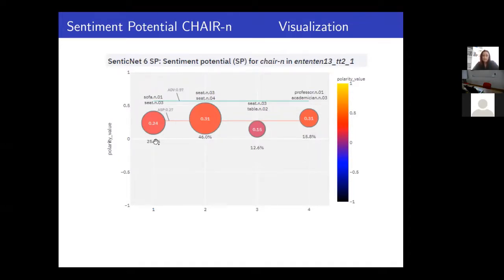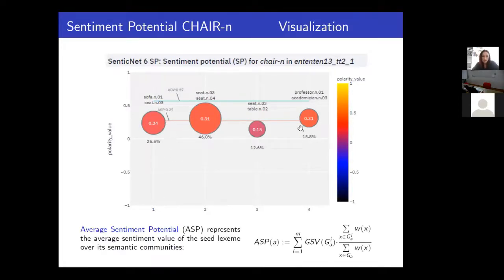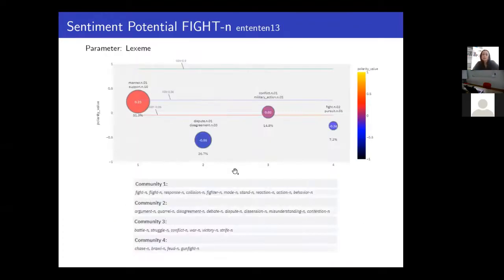And that analysis is shown here with this orange line, which is kind of a mean sentiment value of all the meanings of the word, and is calculated here as the average sentiment, where the size of the community also counts, and, of course, its sentiment value. So these are all the elements in this visualization of the sentiment of this word.